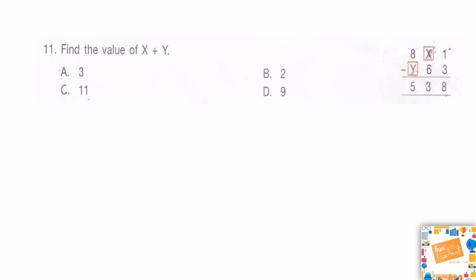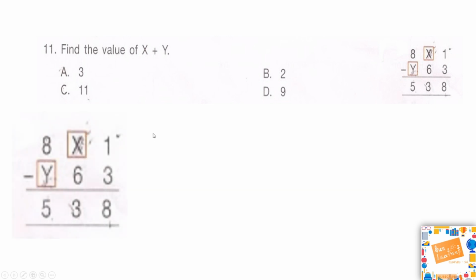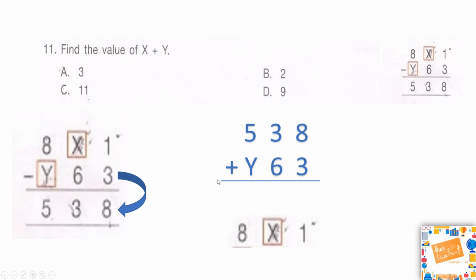Well, let's see what the answer is. If we look at this equation, 8x1 minus y63 gives us 538. So if we add y63 to 538, we'll get 8x1. That is, 538 plus y63 will give us 8x1. Now let's find out what x and y are.